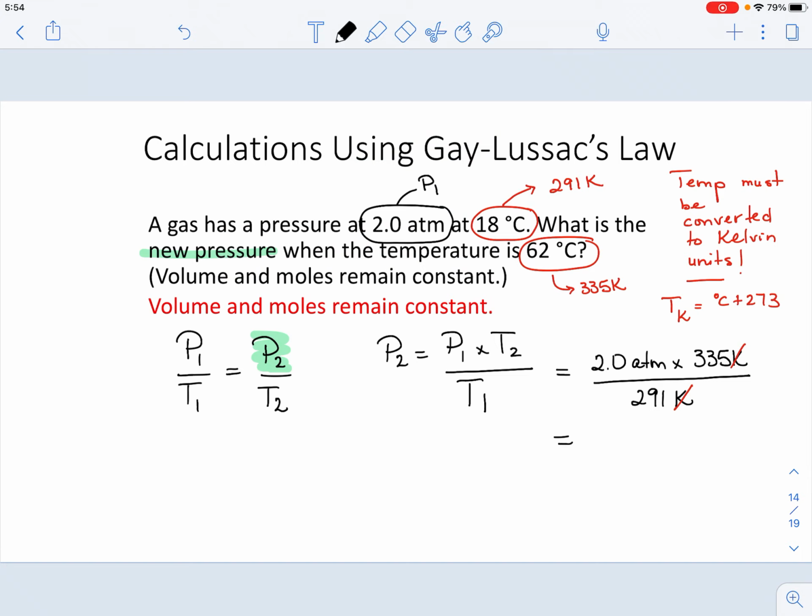So when we do 335 times 2.0 divided by 291, then understand that here we need to report two significant figures because the atm has fewer sig figs than the temperatures. So our final pressure is going to be 2.3 atm. That, if we think about it, makes sense because the temperature went up. So we expect the pressure to also go up.